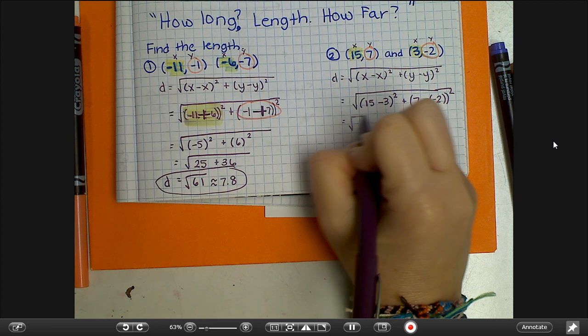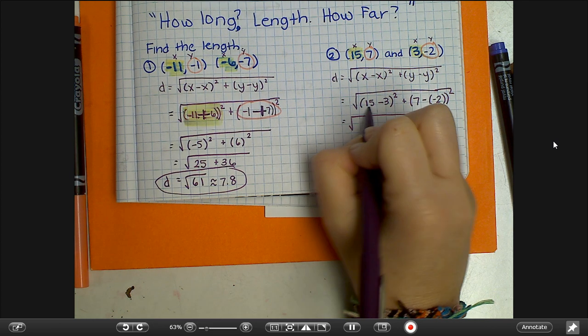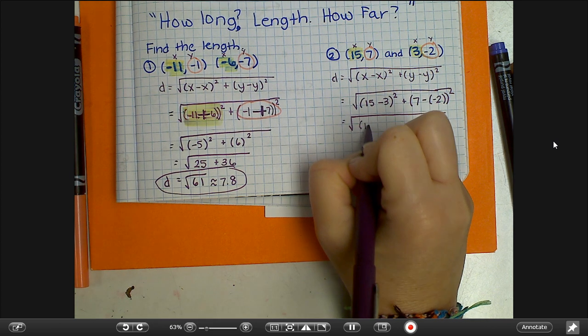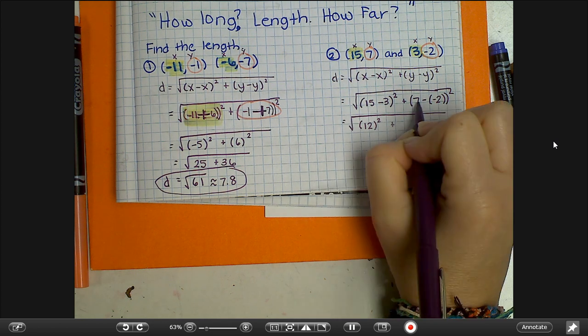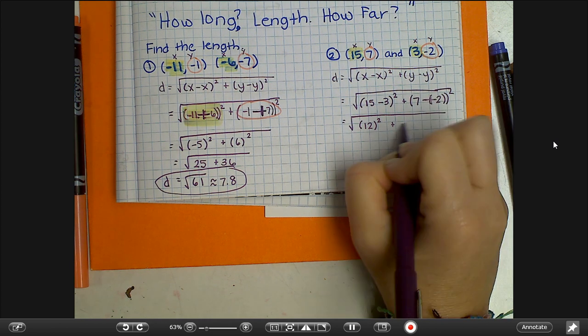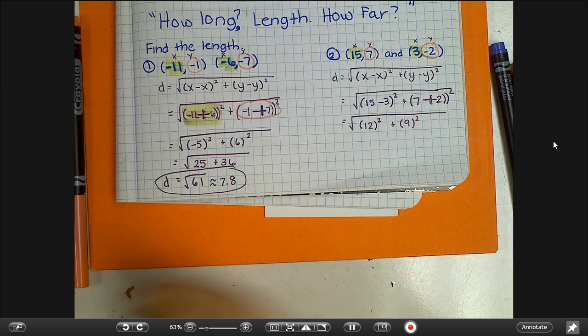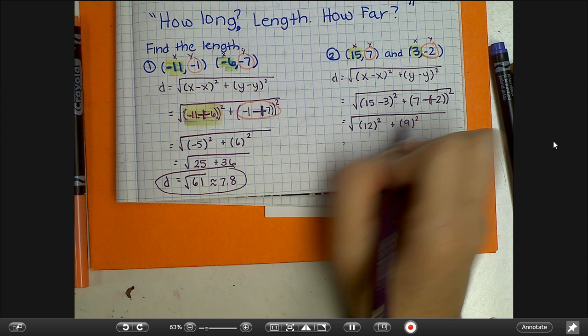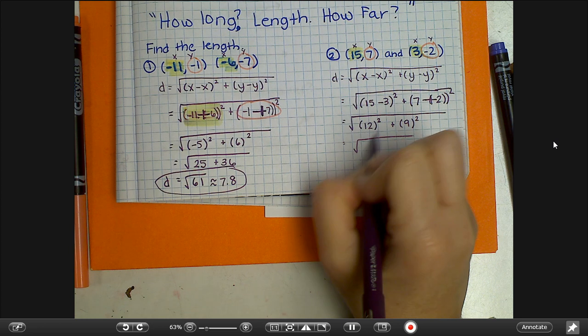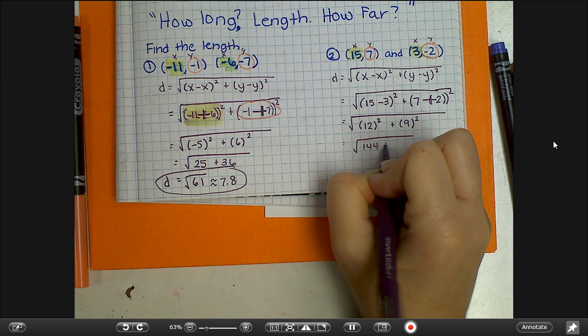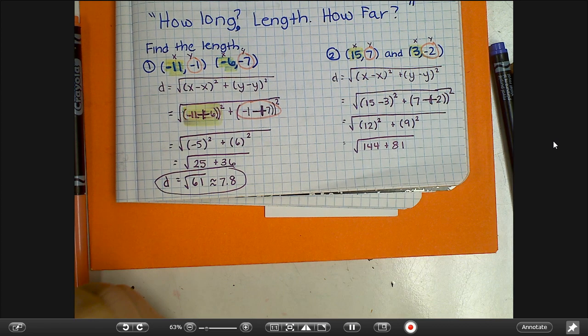Using the order of operations to simplify our groups, we have 15 minus 3, which is 12 squared, and 7 minus negative 2, that changes to a plus, 9 squared. Still doing our group under the radical and exponents, we have 12 squared, which is 144, plus 9 squared, which is 81.